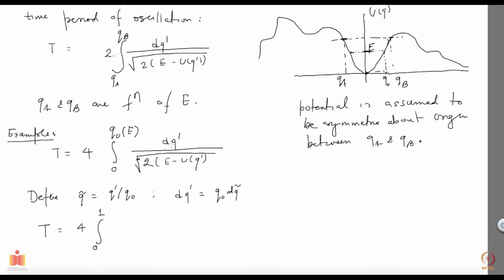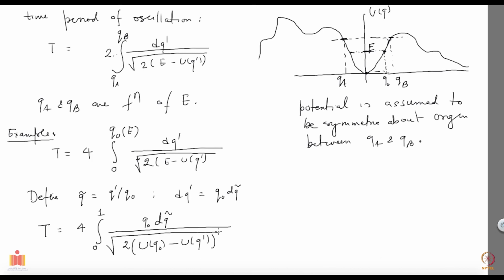That's fine. Now my dq prime is q0 dq tilde divided by the square root of 2, times E minus U. E is a constant, but E is equal to the value of the potential energy at this point, right? So E is equal to U of Q0. Let me write that, U of Q0 minus U of Q prime, and this entire thing sits under a square root.